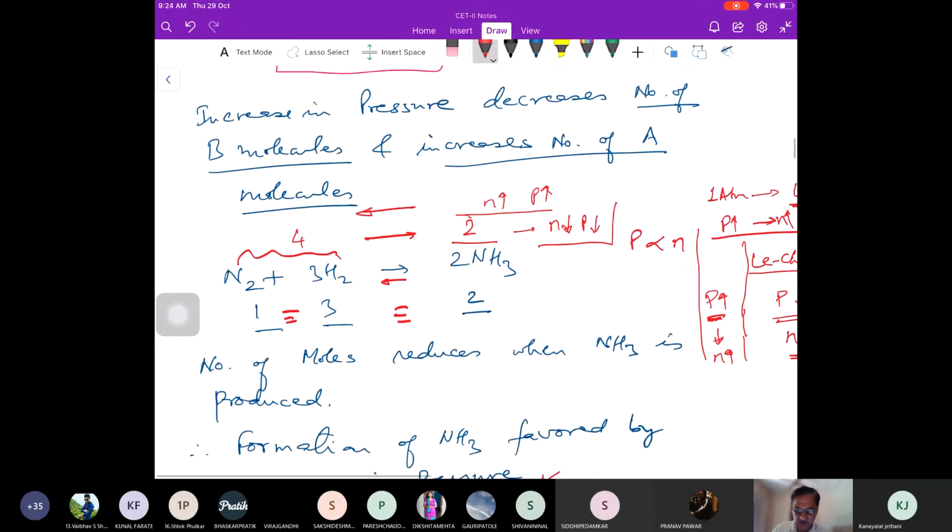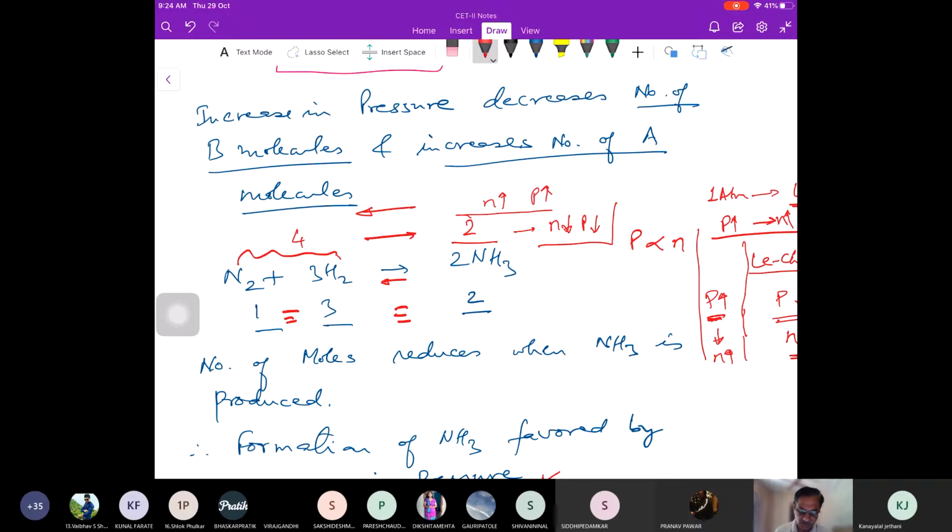So now let's take the example of ammonia. Nitrogen plus 3 hydrogen gives 2 moles of ammonia. In the feed we have 4 moles, and in the product we have 2 moles, right? So that means in the forward direction, the number of moles is decreasing, from 4 to 2, and in the reverse direction, the number of moles is increasing, from 2 to 4, right?